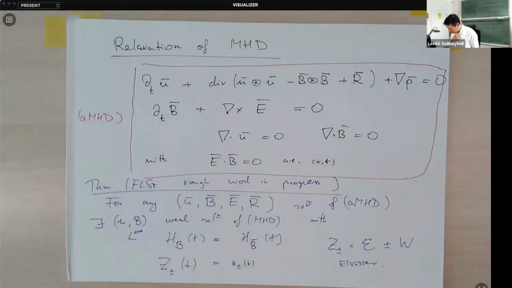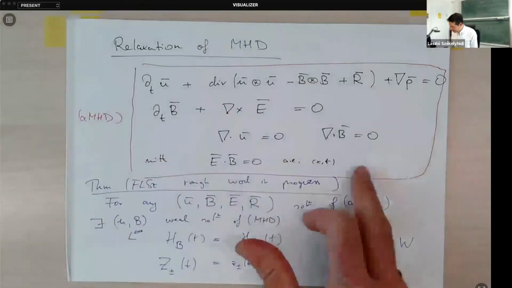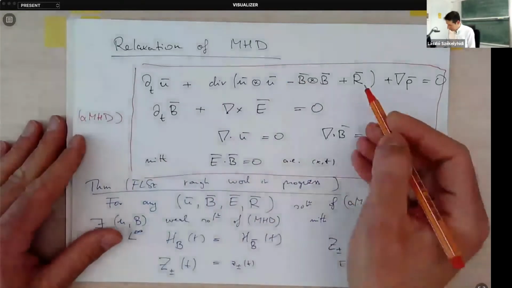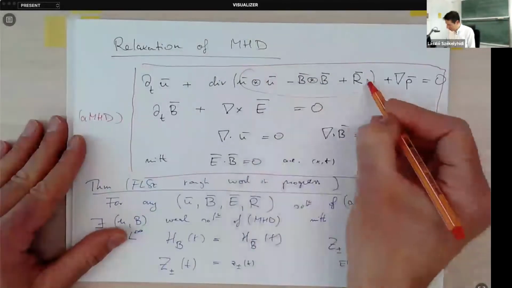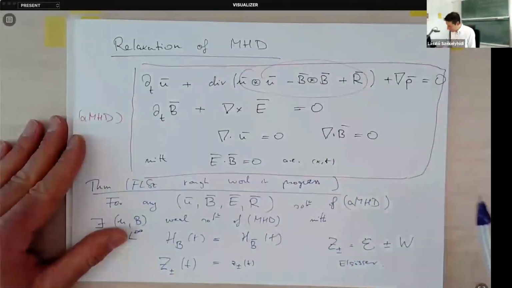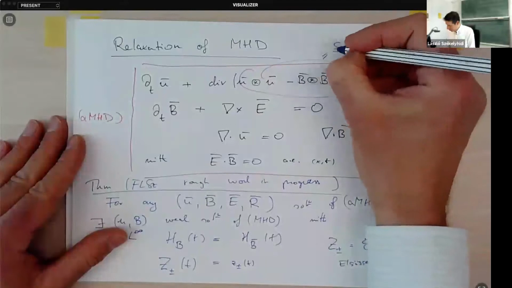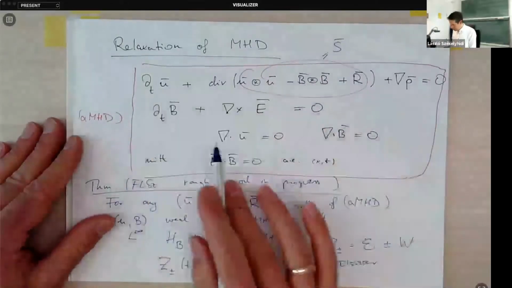So at the moment, the type of perturbations that we use is much simpler. They are closer to plane waves. I mean, very simple perturbations of let's say some sort of linearized MHD system, where here we would replace this by some new name, S bar, and then everything is linear.